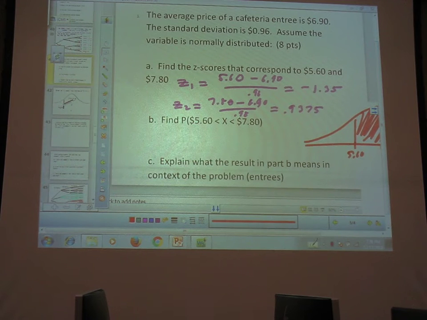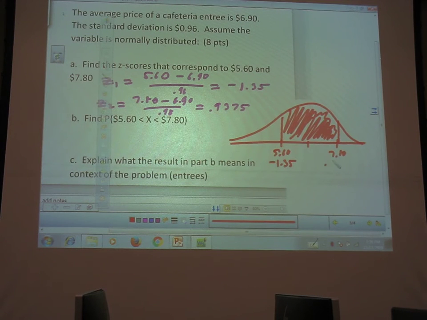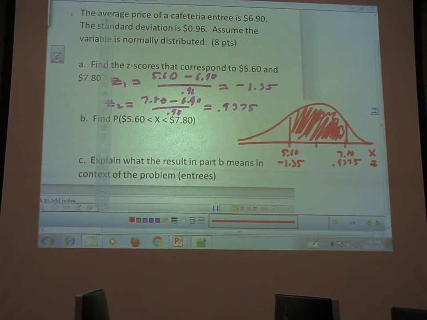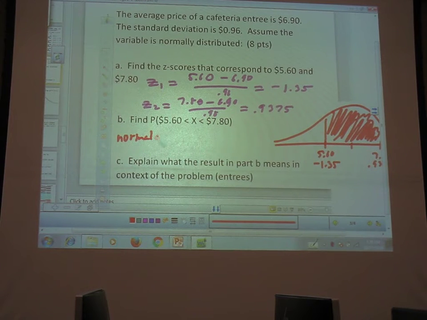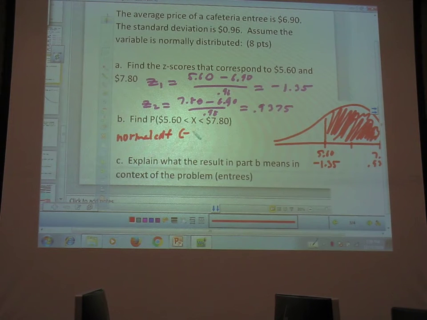Here our z-scores were negative 1.35 and 0.9375, and these are the x values. So we're going to do normal CDF of negative 1.35, comma 0.9375. What did you guys get?